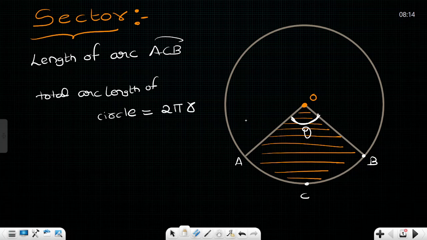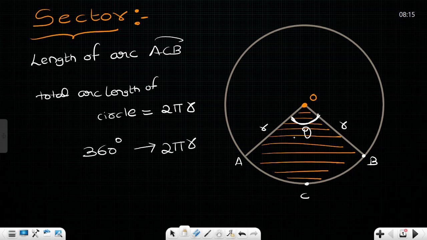You know it all, right? R and R. This 2 pi r is there for how much angle? For 360 degrees, because this total angle is 360 degrees, right? So for total 360 degrees, we have length as 2 pi r.